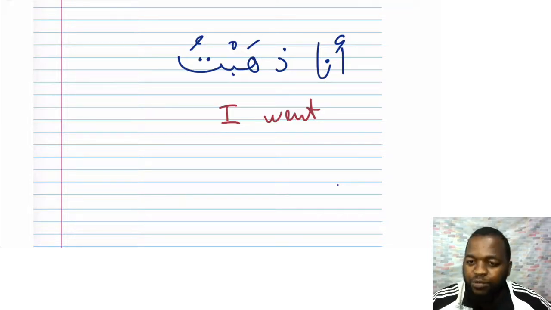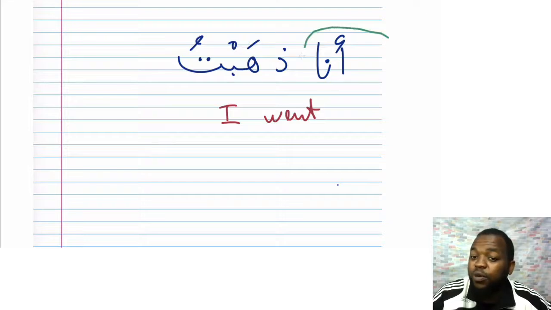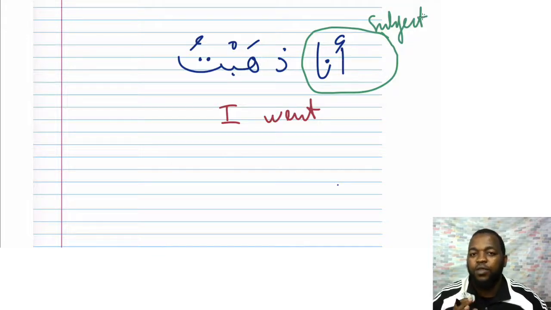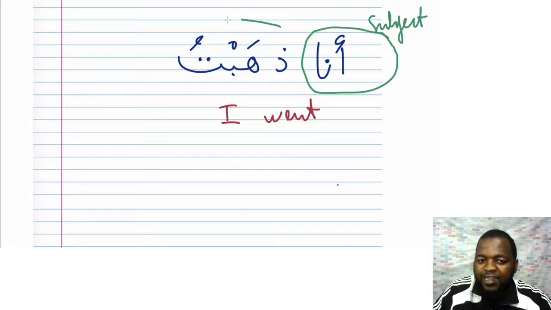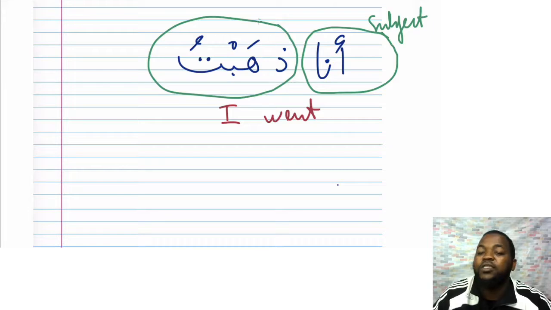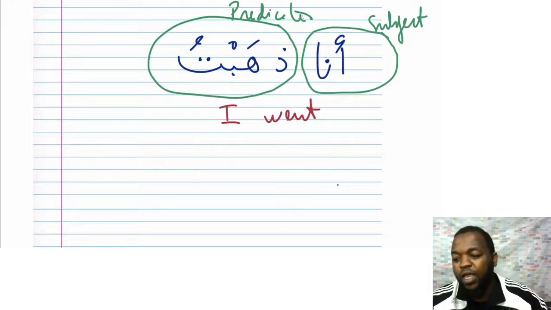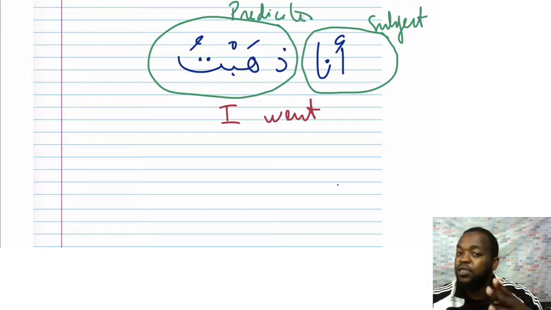Where is the subject of this nominal sentence? Here is the subject. Ana is the subject, right? So put it aside. Now, where is the predicate? Dhahabtu is the predicate. Great. In this nominal sentence, we have identified the subject and the predicate.